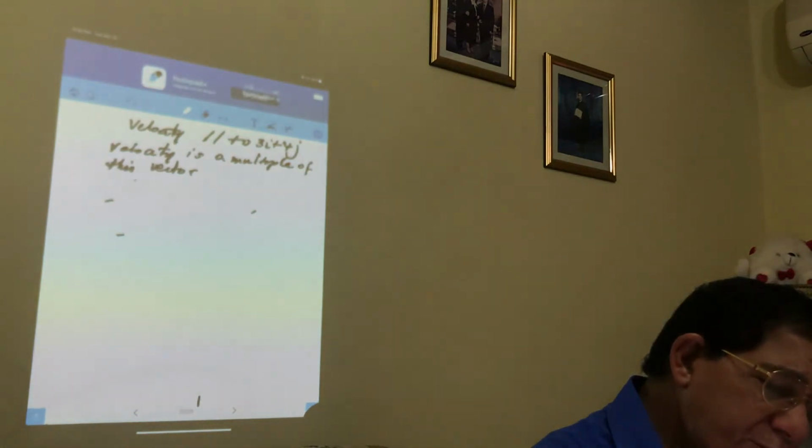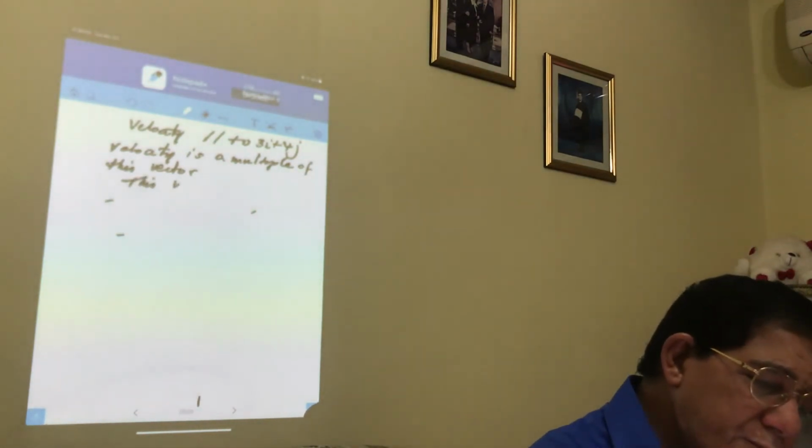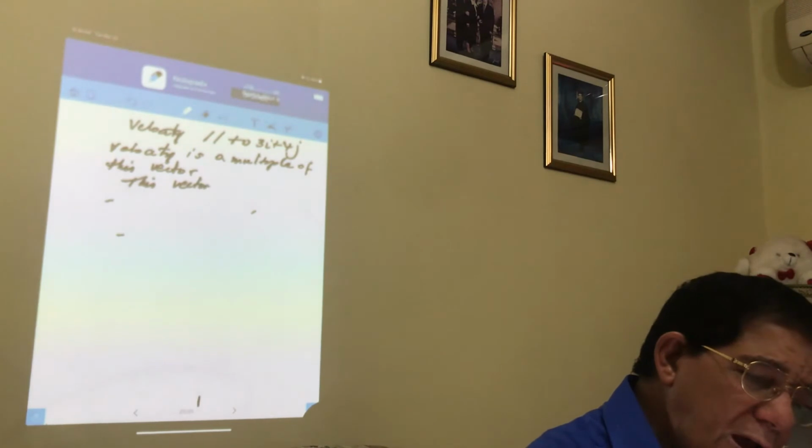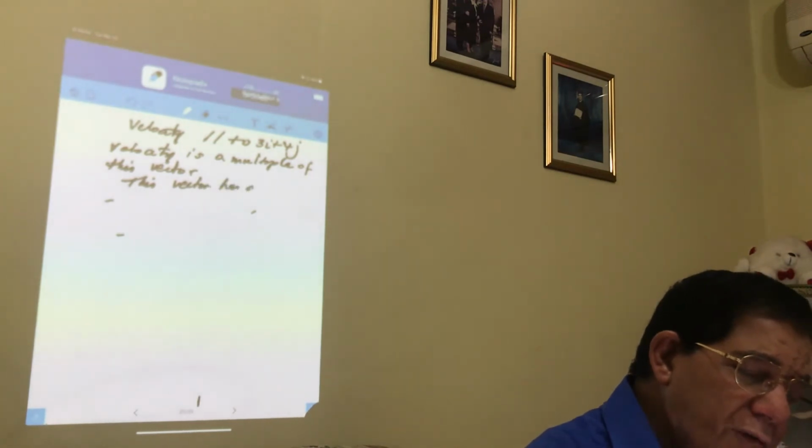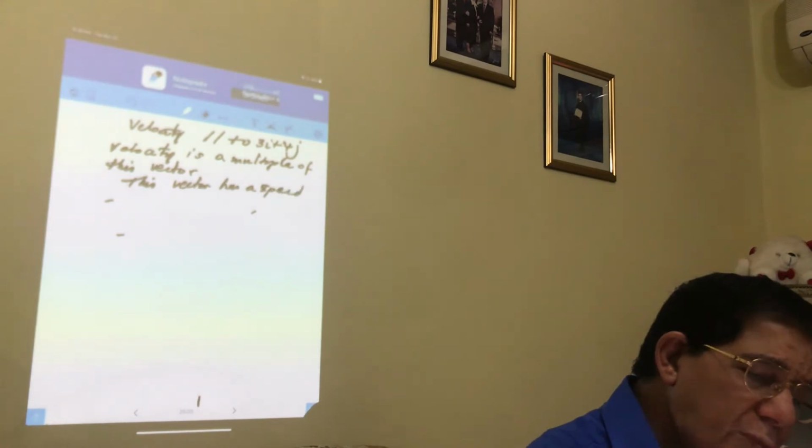This vector has a speed equal to the square root of 3 squared plus 4 squared, equal to 5.